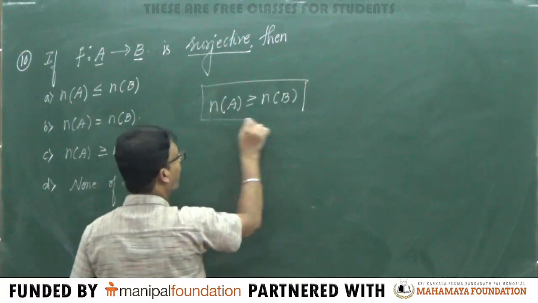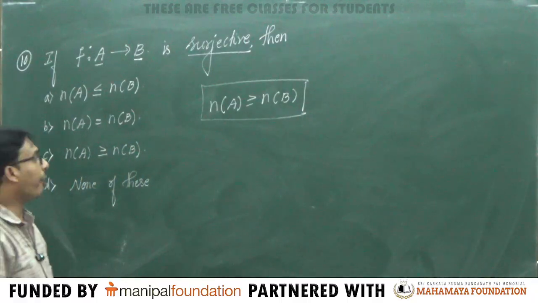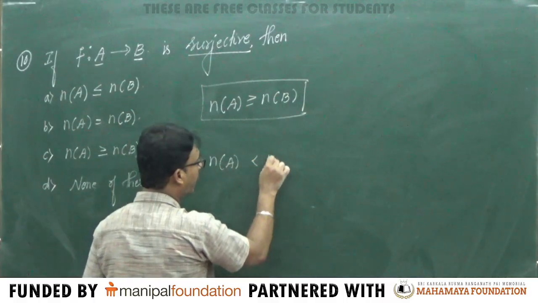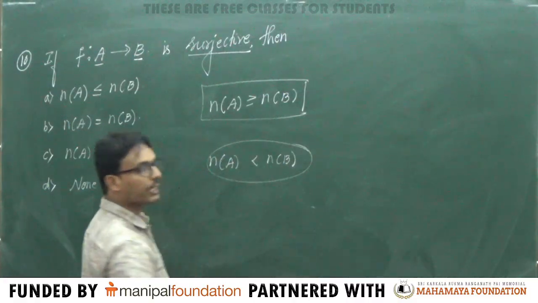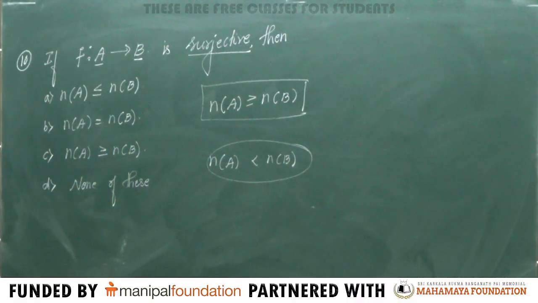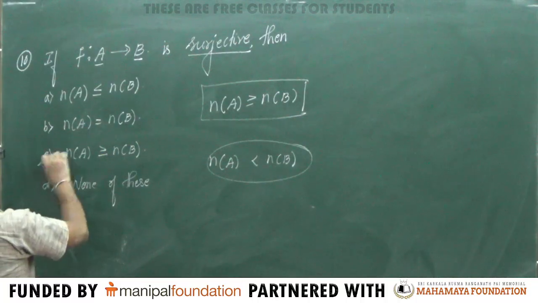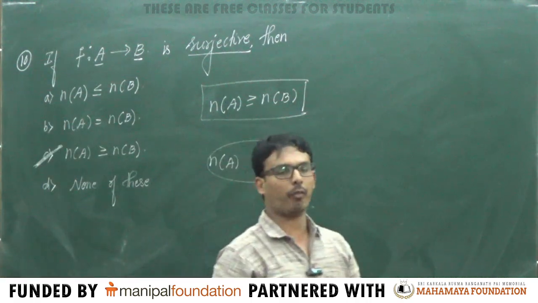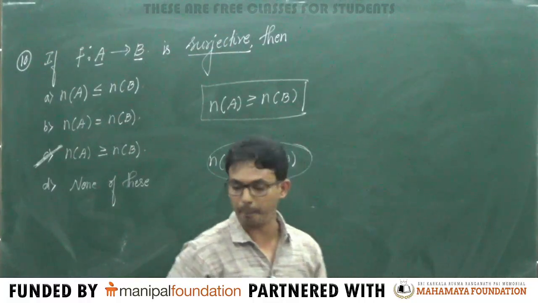Then we can find the number of onto functions. If the number of elements in the domain is less than the number of elements in the codomain, then the number of onto functions is equal to 0. Among B and C, option C contains both equality as well as greater than, therefore the correct answer is option C. That is the condition to find the number of onto functions from the set A to B.